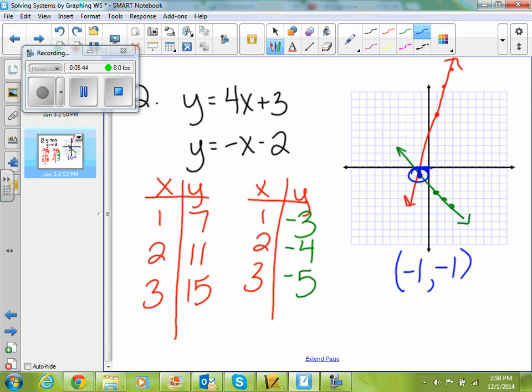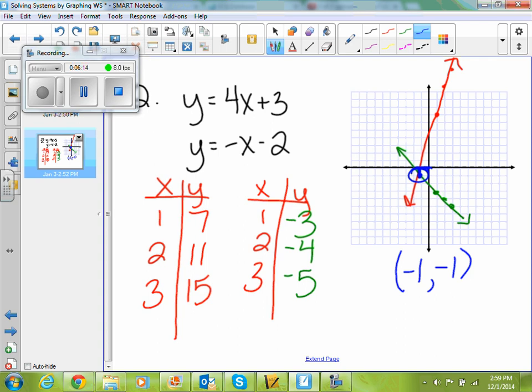If they don't cross, then you have to draw longer lines until they cross. So 1, 7, and 2, 11, and 3. That kind of helps, if that helps.